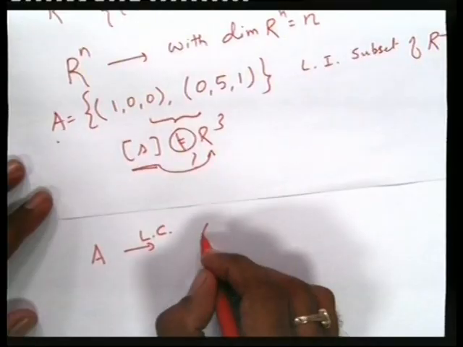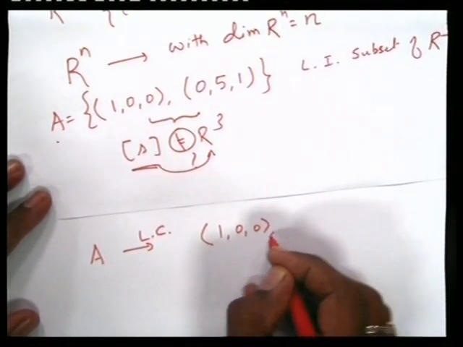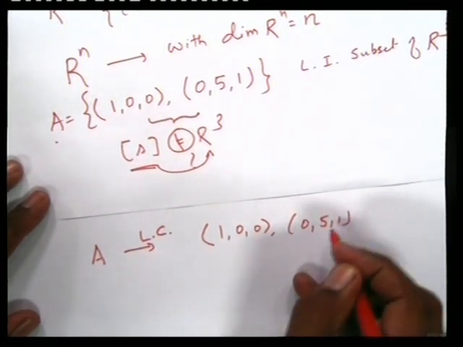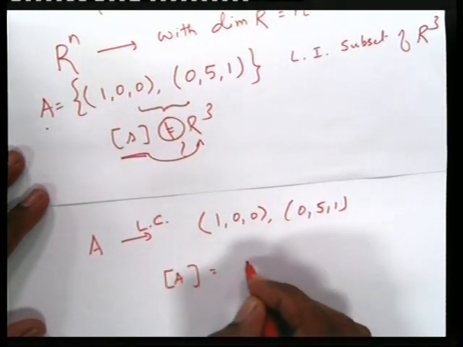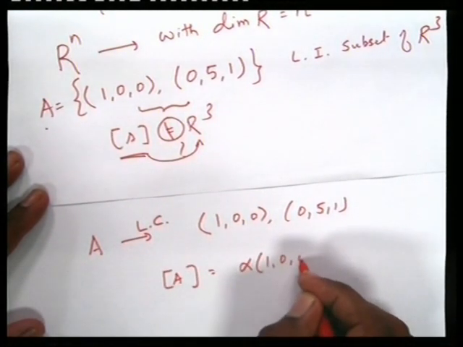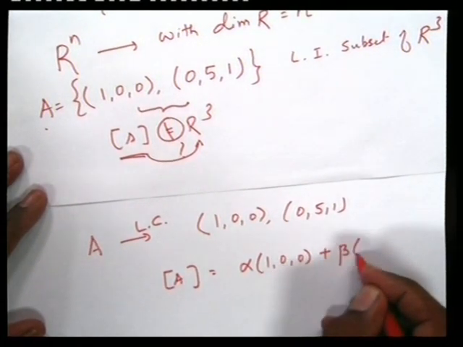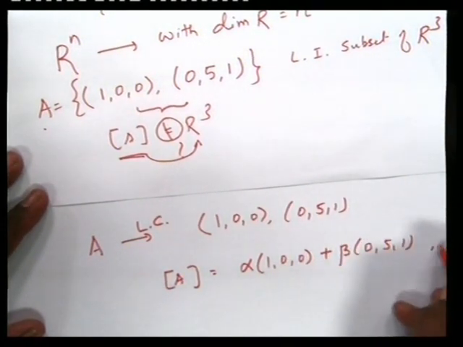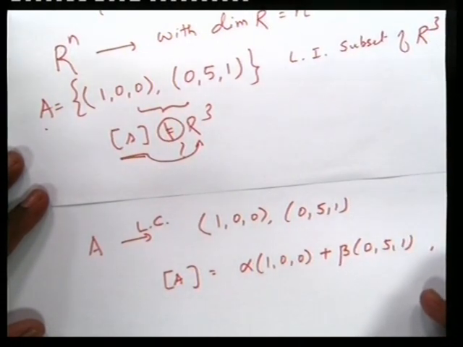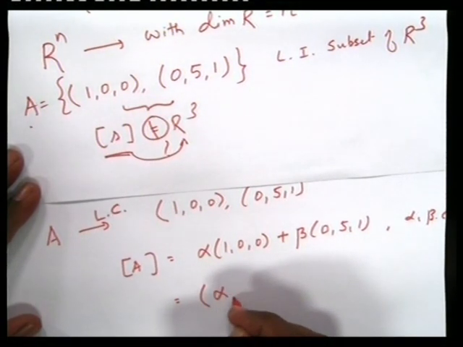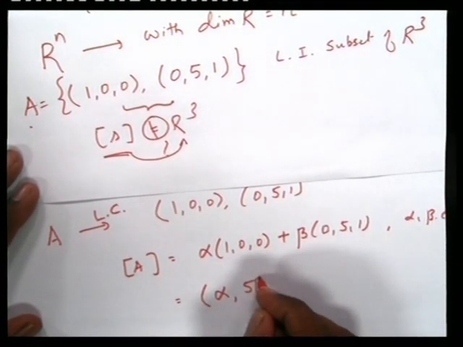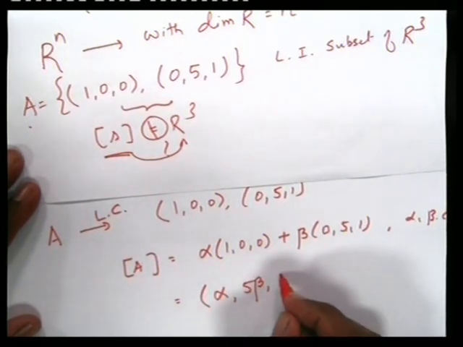So for A, if we take the linear combination of the vectors of A, which are (1, 0, 0) and (0, 5, 1), the span of A will be alpha (1, 0, 0) plus beta (0, 5, 1), where alpha and beta are arbitrary real numbers. So the span of A will be of the type (alpha, 5 beta, beta).